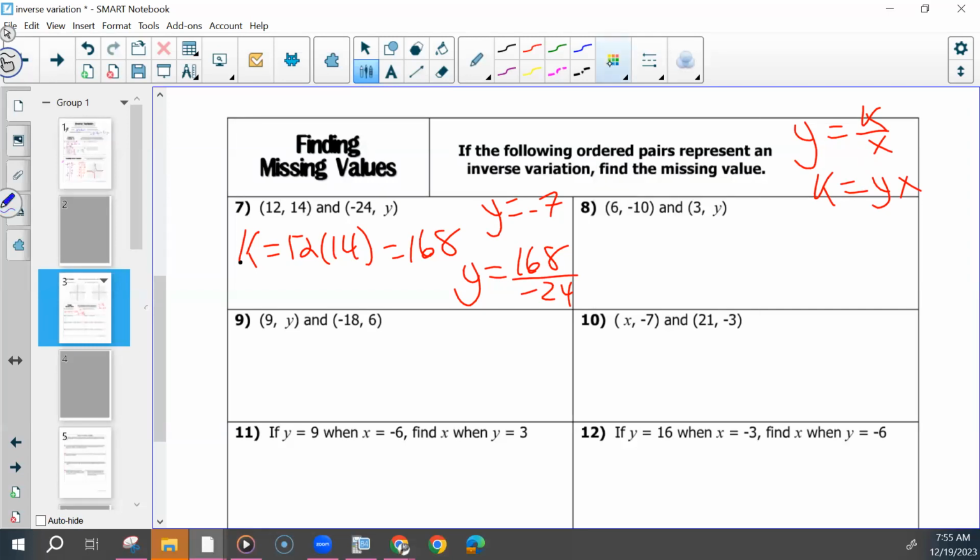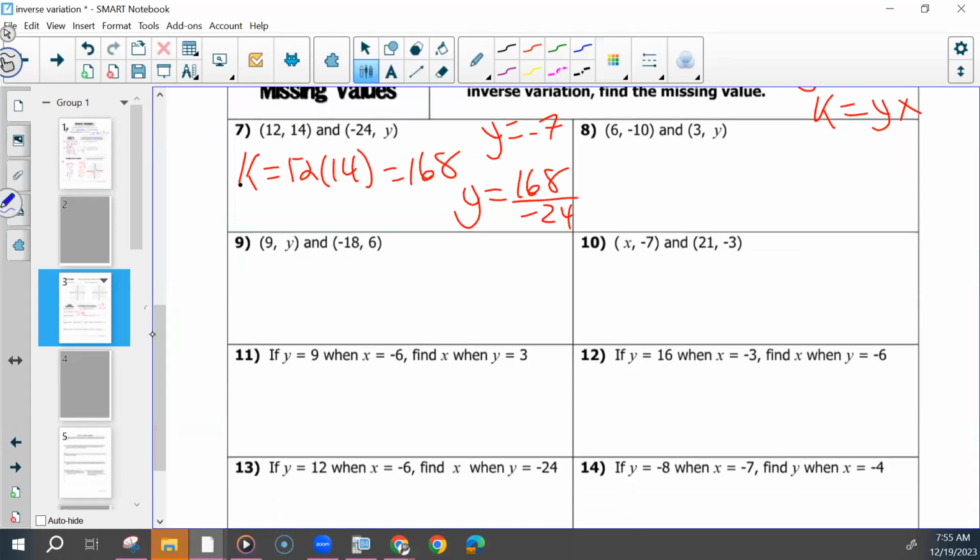We found y, let's find x, so number 10. What would we do first? k equals. Correct. So take the two numbers you know, multiply them together to get, it's 63.